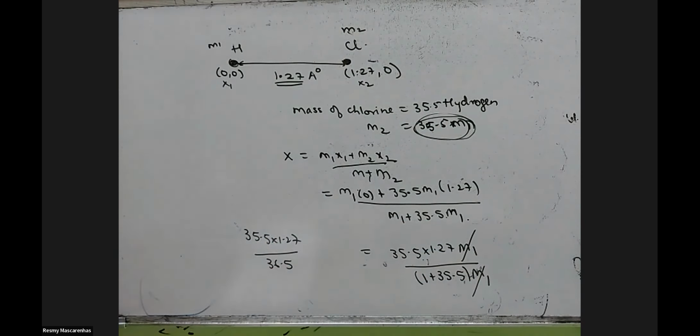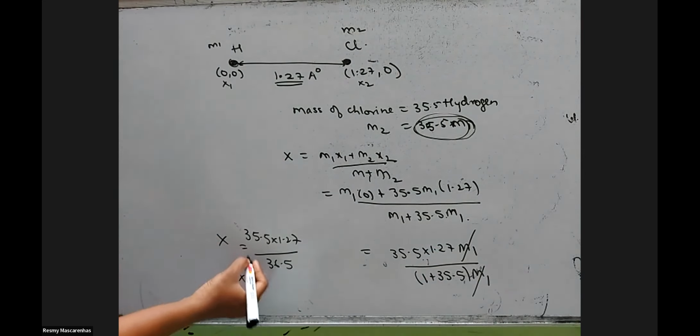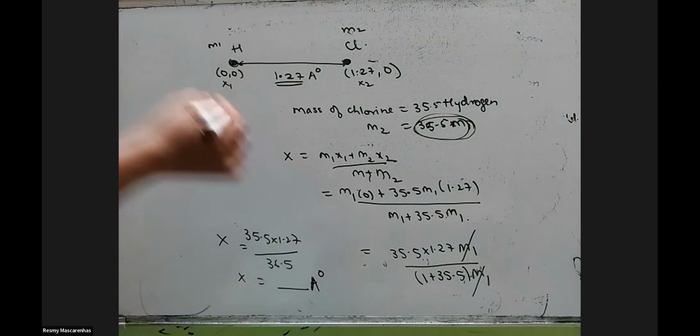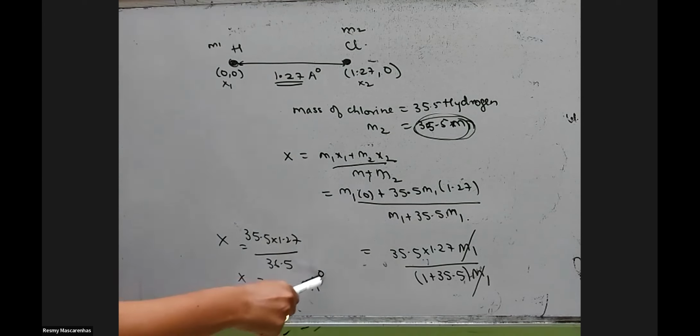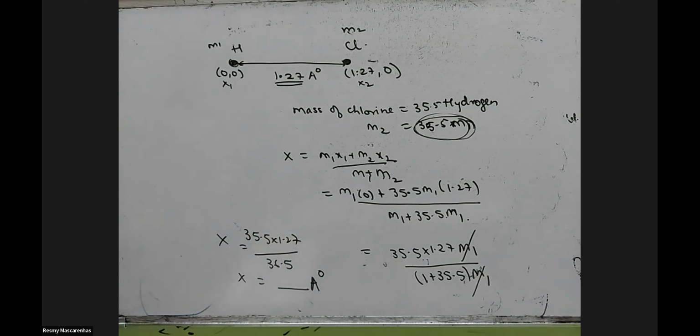Then you calculate. Whatever answer you get will be that much A naught. Write the units in terms of A naught now because that is not meters. So it will be 1.235.